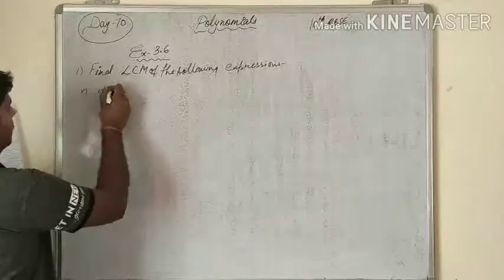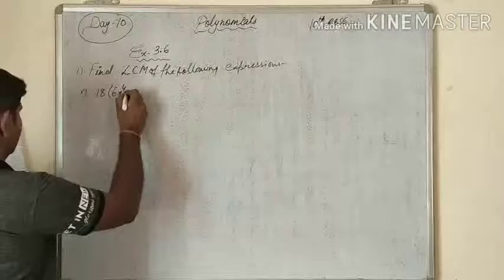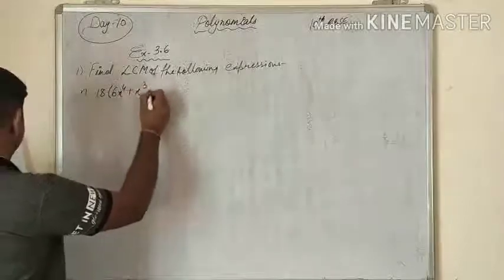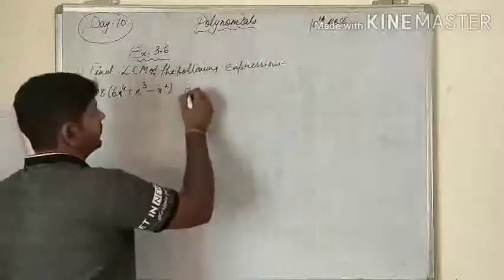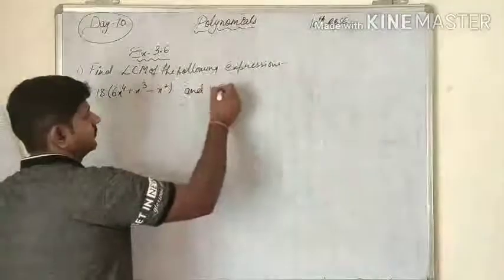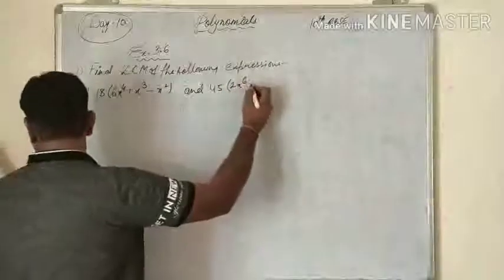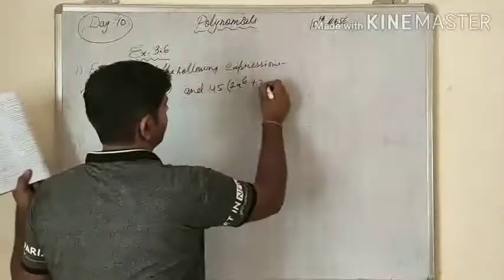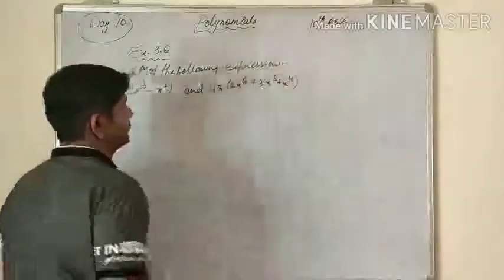18, 6x raised to 4 plus x cube minus x square, and 45, 2x raised to 6 plus 3x raised to 5 plus x raised to 4.